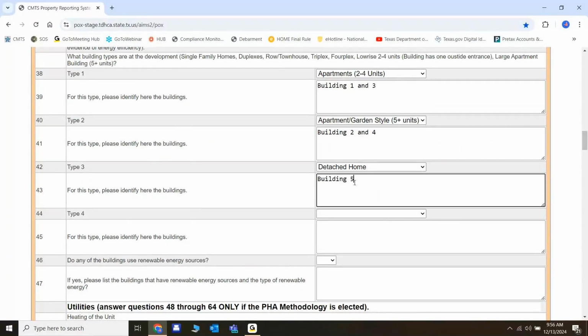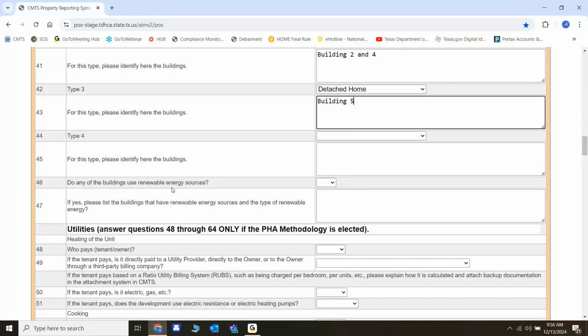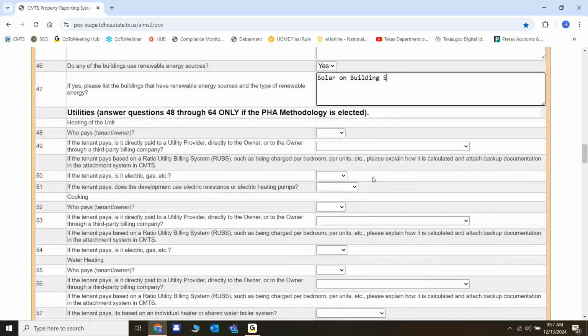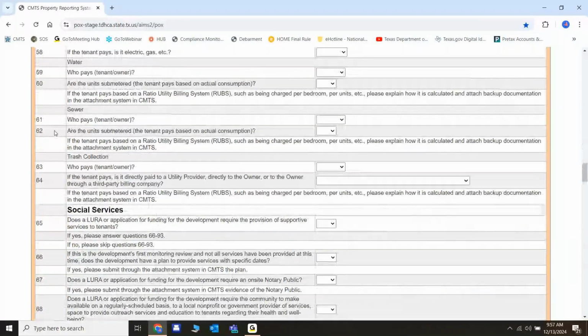Whatever it is. And do any of these buildings use renewable energy? Yes. Okay, what type? I have solar on building 5. So we'll need to know that. If you use the PHA method, and only if you use the PHA method, you have to answer the questions 48 through 64.